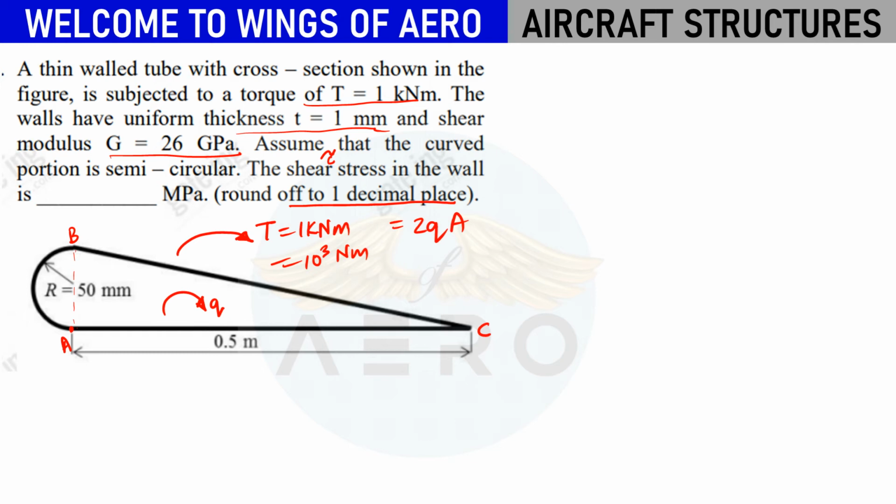So after you find out this A, the Q value is unknown. Now what they asked to find? The tau value. So there is another formula for tau. That is Q equals tau into T. I hope you remember. So from that you can find tau, that is shear stress, equals Q by T, and whatever comes will be your answer. Now here how to find the area?